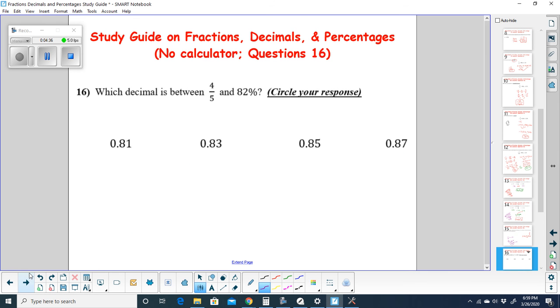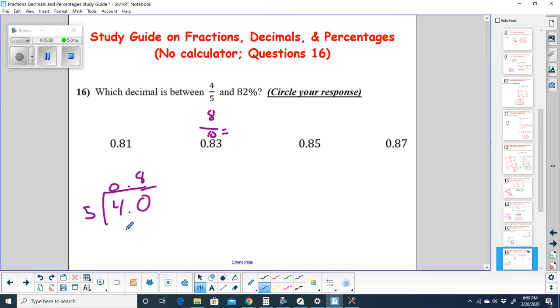Next. All right, which decimal is in between these two? So 4/5. I know that's 8/10, but I want to just make sure we understand how to divide numerator by denominator to get the answer. So 4 divided by 5 is equal to 0, sorry, 5 goes into 4 0 times, 5 goes into 40 8 times.